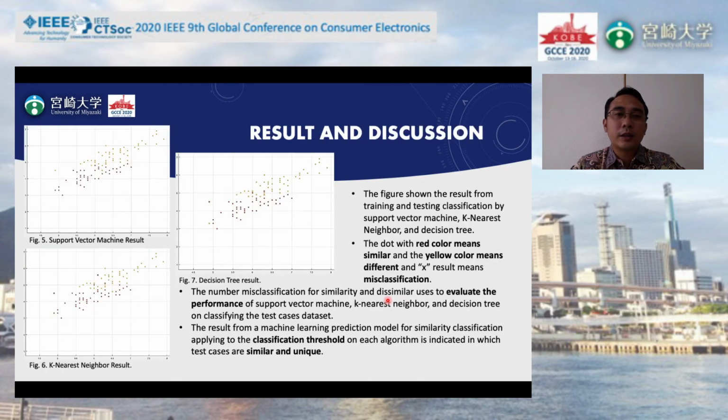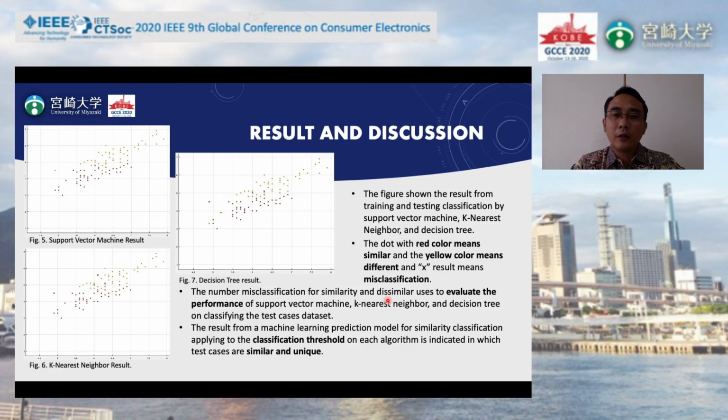So the next presentation is the result and discussion. On the result and discussion, the figures show the results from training and testing classification by several methods of machine learning. The dot with red color means similar, yellow color means different, and X means misclassification.